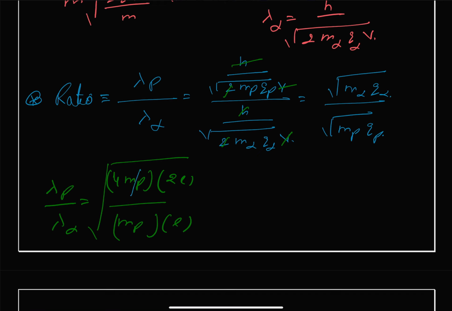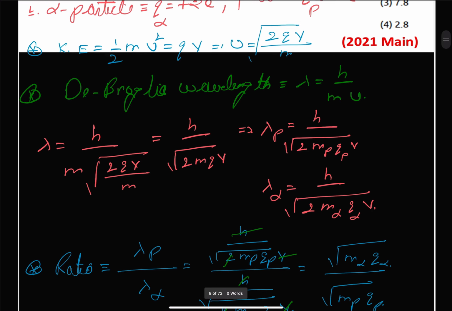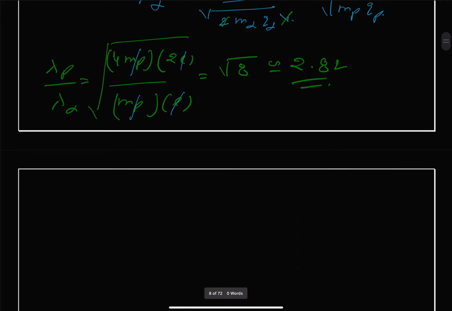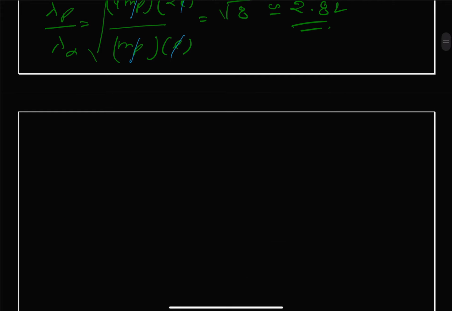So here the mass of proton and e cancel out, and this comes as square root of 8, and approximately this is our 2.82. So option number 4 is correct.